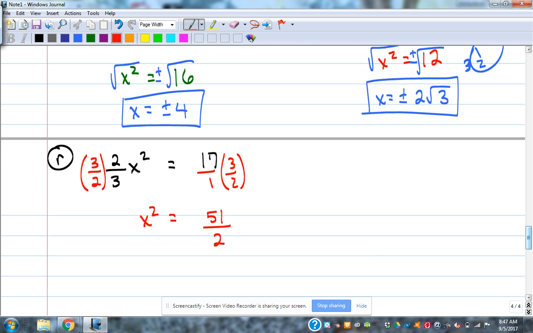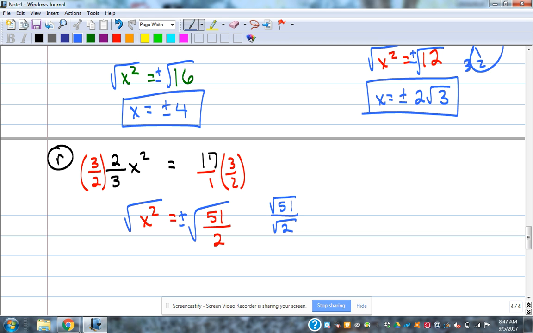But we did do some practice on simplifying square roots of fractions. So we're going to do plus or minus the square root of that fraction. And we know that that's really the square root of 51 over the square root of 2. And we try to simplify those. What do we know about the square root of 51? What numbers does 51 break down to be? We got it from 17 times 3, but does 17 or 3 break down any further? No, so we know the square root of 51 is not going to simplify.